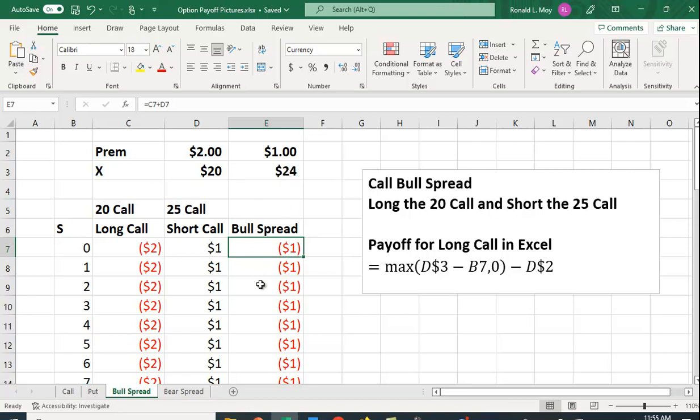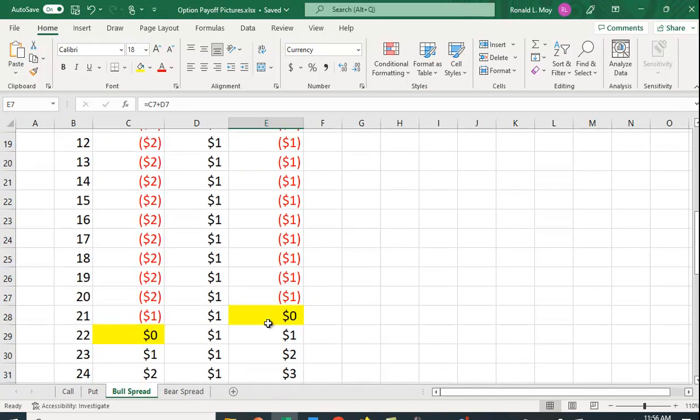Well, you don't think that the price will move up an unlimited amount. So what you can do is, by writing this call, you receive $1. So what it does is it lowers your break-even point from 22 to 21.